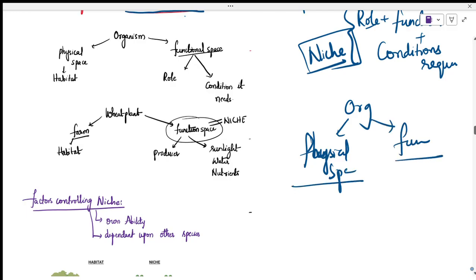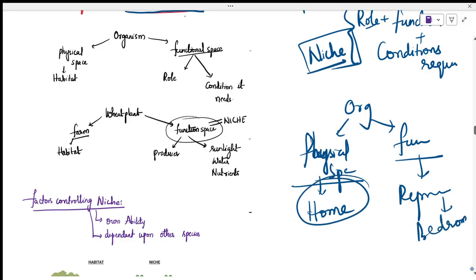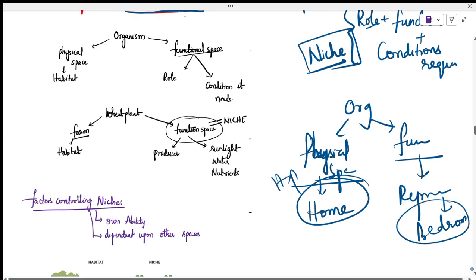Physical space to live, we live in a home. To reproduce, we do it in a bedroom. This home is the habitat, and the specific function of reproduction and survival, the bedroom, is called niche.